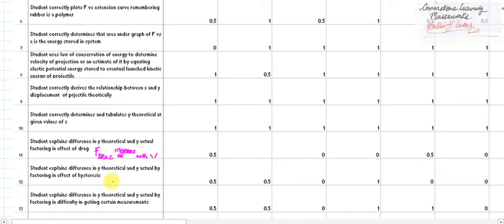And explain differences in theoretical, right, by hysteresis. This one will be basically that the hysteresis makes it unclear as to how much energy is actually converted into kinetic energy. Right?